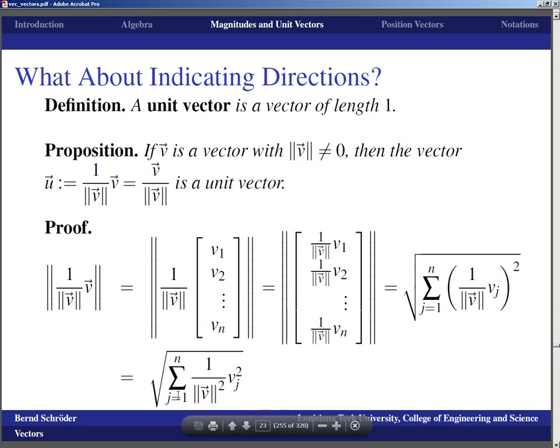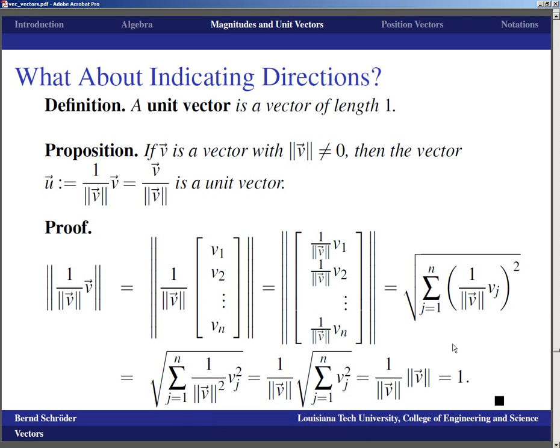Okay, so that gives me the sum of 1 over ||v|| squared times vj squared. And now the 1 over ||v|| squared can be pulled out, so that's 1 over ||v|| times the square root of the sum of the vj squared. And that's of course just 1 over ||v|| times ||v||, and that's 1.